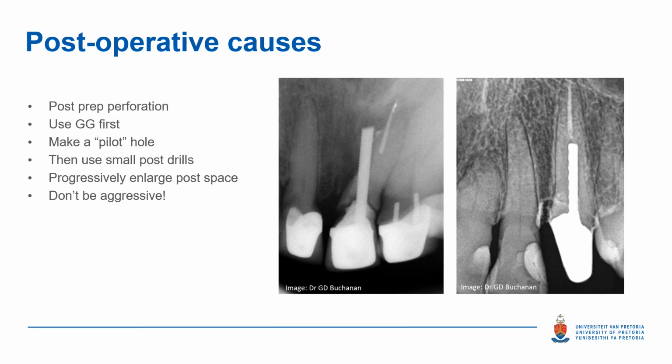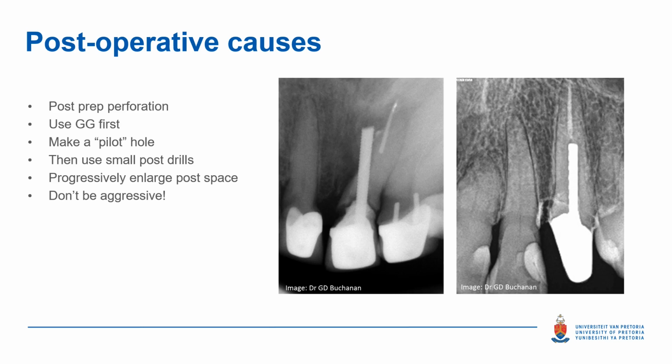Post-preparation: sometimes you do a very nice endo and then things go wrong at the crown and bridge stage of it. I think I've shown you guys this radiograph before of the horrible post-prep perforation on a patient that I saw in 2014. I didn't do that post and crown that was referred to me.